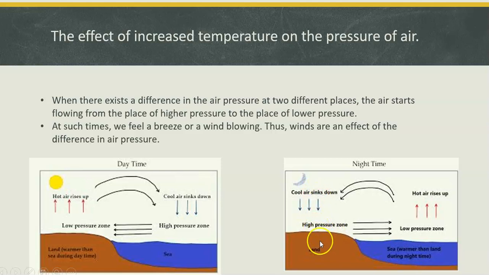So cooler air sinks down, and the sea water is warmer. So a low pressure zone is created and hot air rises up. It rises up and comes here, and this air in turn goes like this. So this becomes a cycle. So this is what happens during the night time.